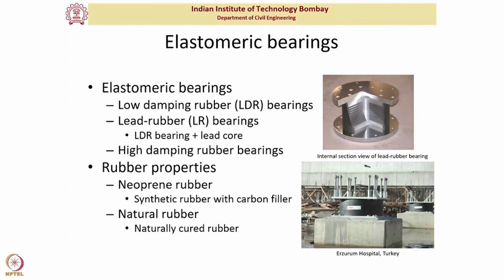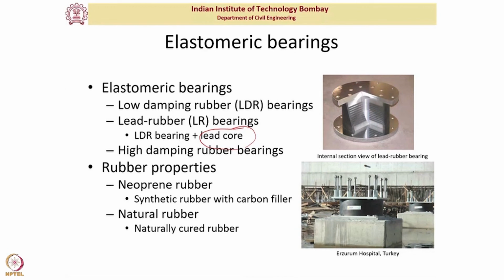So let us now discuss elastomeric bearings. Now, as I said, in terms of elastomeric bearings, we would be discussing low damping rubber bearings and lead rubber bearings. And lead rubber bearing is nothing but low damping rubber bearing with a lead core. And the role of the lead core here is basically to provide energy dissipation capacity.